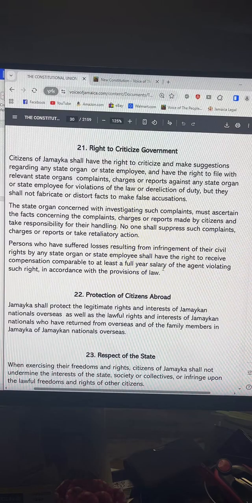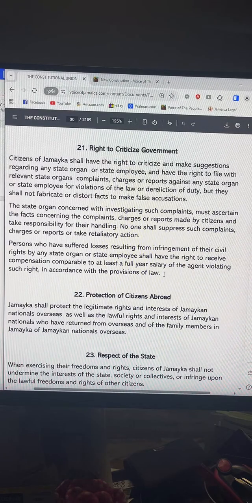So this is also a provision aimed at curbing corruption, right? People using the so-called authority for malicious purposes.